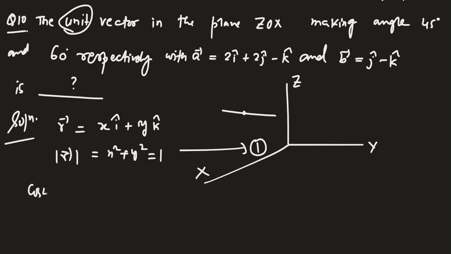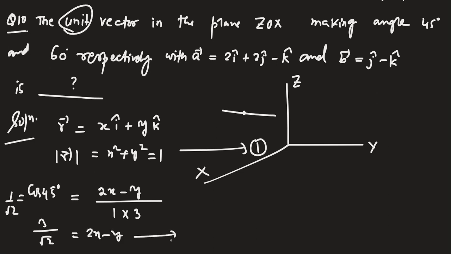So cos 45 degree is equal to, with this vector, 2x, j is not present, and minus y, divided by 1 into the modulus of the vector, square root of 4 plus 4 plus 1, which is 3, and cos 45 degree is 1 by root 2. So we have 3 by root 2 equal to 2x minus y, equation 2.